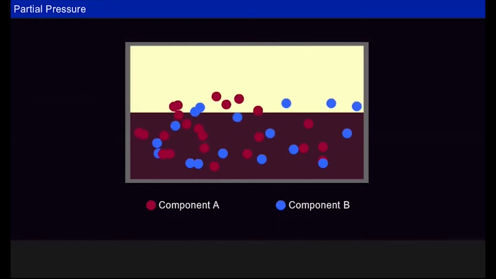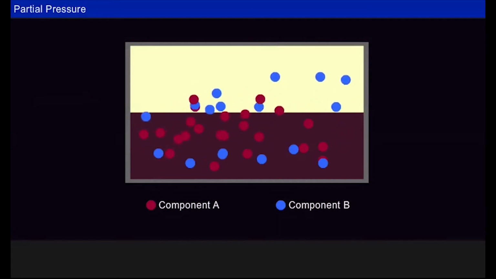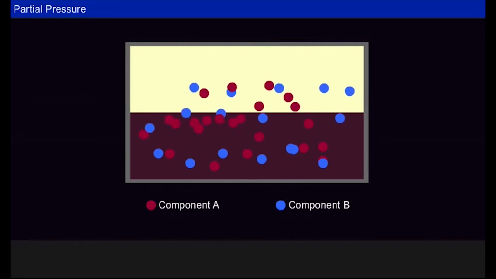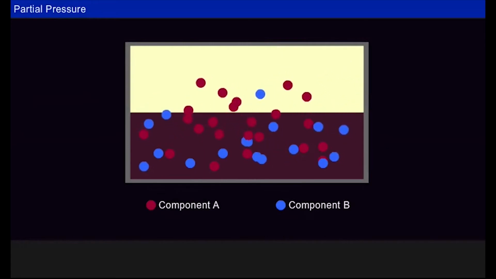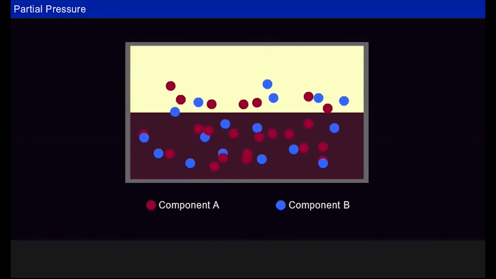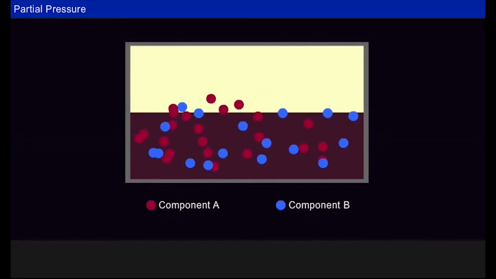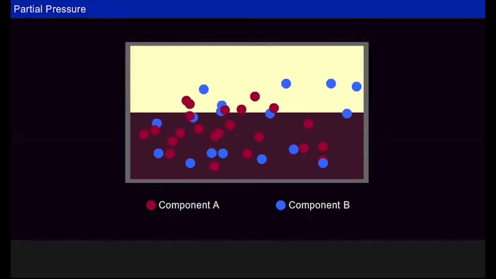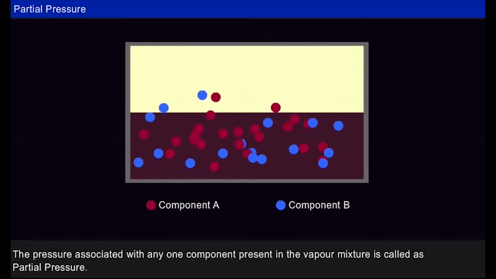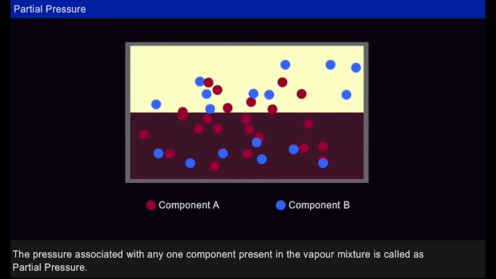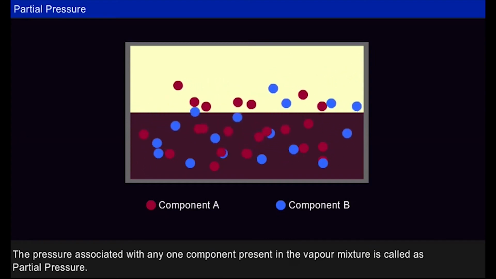Let us discuss partial pressure of a component that is present in a multi-component system. Consider a binary mixture having components A and B. As described earlier, liquid converts into vapor by heating. The pressure associated with any one component present in the vapor mixture is called partial pressure.